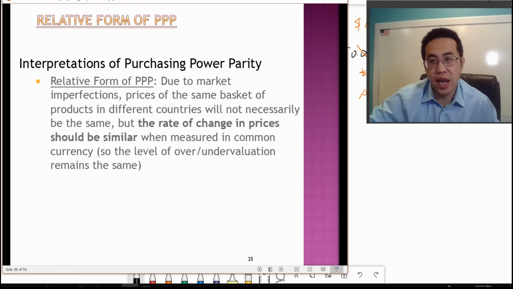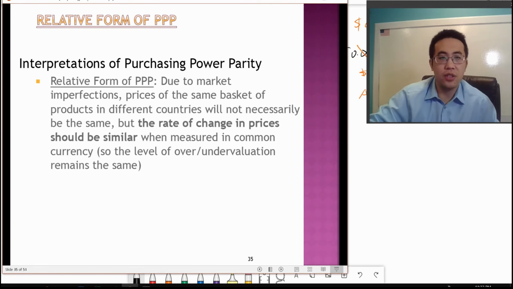And there would be transaction costs, tariffs, shipping costs, all the legal costs, and even language barriers. It's not possible for an American citizen to fly to China just because the burger is half as expensive as in the US. It's not possible for a Norwegian to fly to the US just because our burger is half as expensive as their price. Okay, you can see there are a lot of restrictions on the free flow of products.